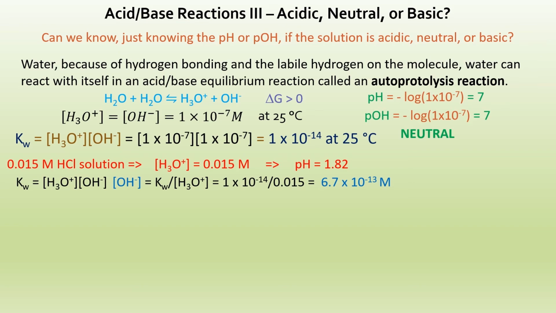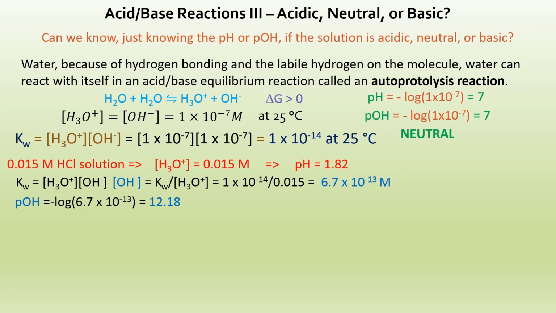So we simply solve for the hydroxide concentration by dividing the Kw value by the hydronium concentration, obtaining a hydroxide concentration of 6.7 × 10 to the minus 13th molar. Plugging this concentration into the pOH formula, we get a pOH value of 12.18.